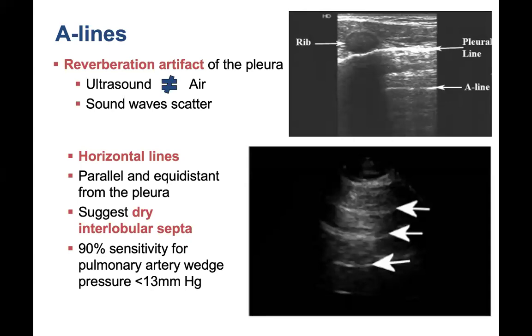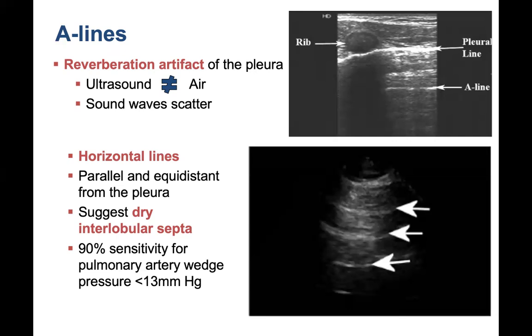And so I like to think of it as the ultrasound beams come down, they hit that visceral and parietal pleura. They don't enter the lung, but instead go back to the probe. And they keep going back to the probe and back to the probe. And I kind of think of it as if you're seeing the visceral and parietal pleura again and again and again, because the lung is not really absorbing any of those ultrasound beams. It's filled with air, it's reflecting those beams, they scatter out.